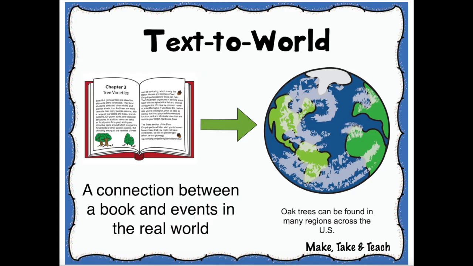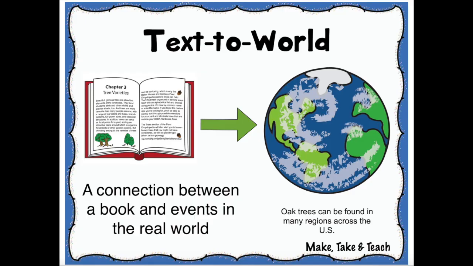In a text to world connection, you have to think they, them, and others. So you're thinking about the world and people outside of you. So how are these things affecting the world, affecting the country, your city, your state, your town? So you're thinking of other people versus yourself.